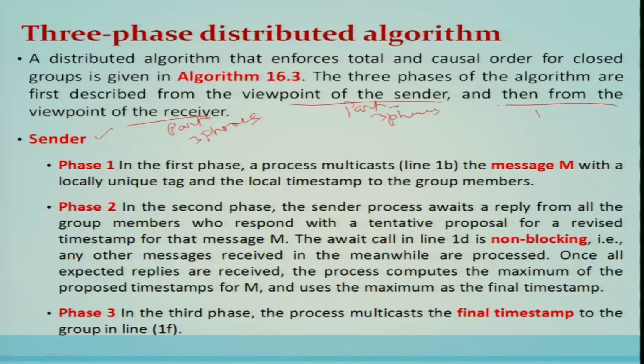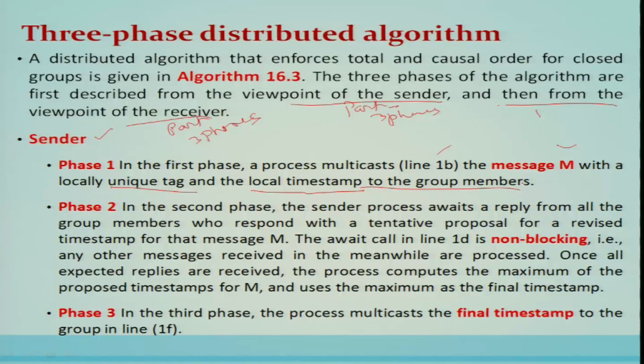Sender phase 1: in the first phase a process multicasts, which is given in line number 1 of the algorithm, a message M with a locally unique tag and a local timestamp to the group members.